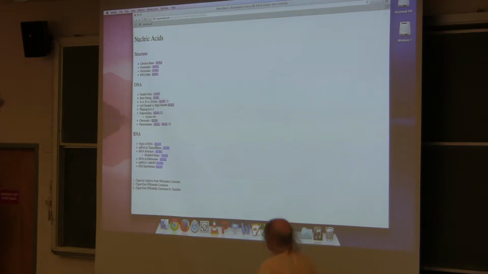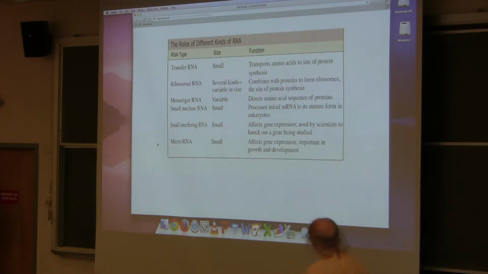Well, the last thing I want to say about nucleic acids relates to RNA. And RNA, of course, is related to DNA. With RNA, we see that there are different types of RNA. There are 3 primary types that we'll be concerned with in this class, and they're the 3 that you typically are concerned with in a basic biology class.